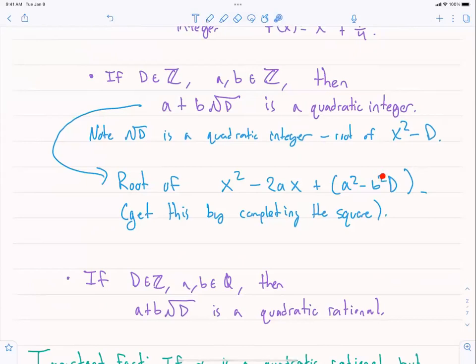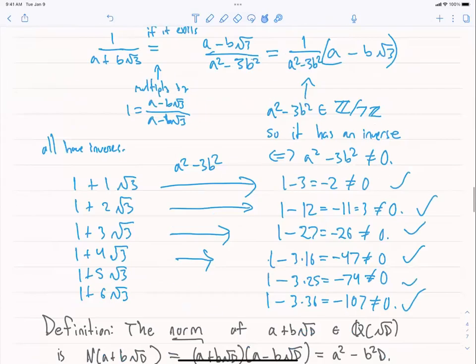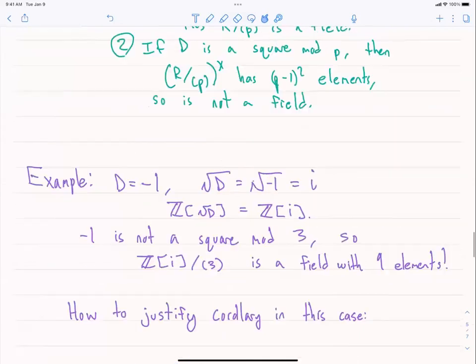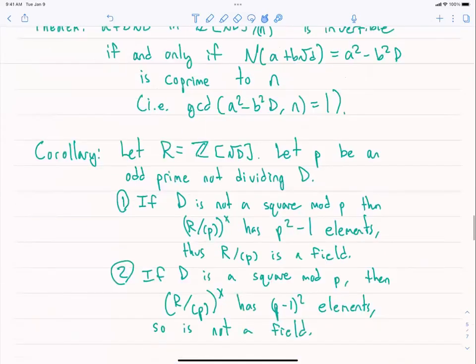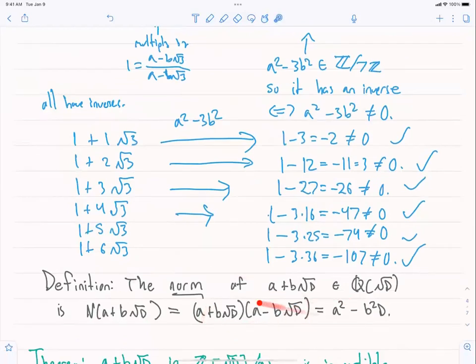When I was saying the polynomial that's satisfied by a quadratic integer, A plus B square root of D, the constant term was A squared minus B squared D. So the constant term here was the norm. Okay, so that's the norm. This was an important quantity in these previous examples.